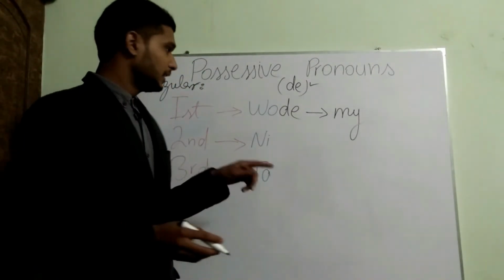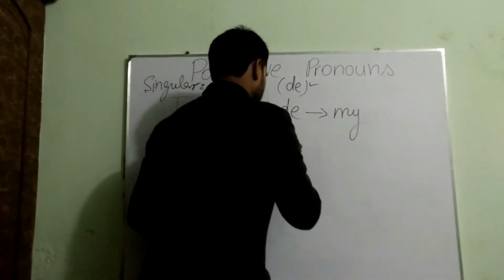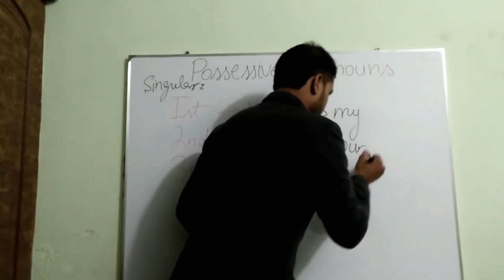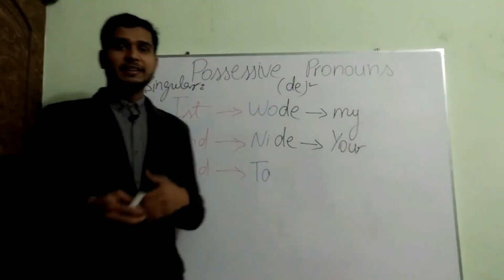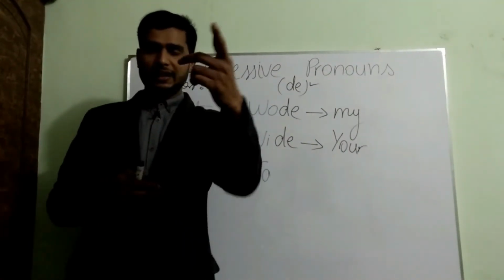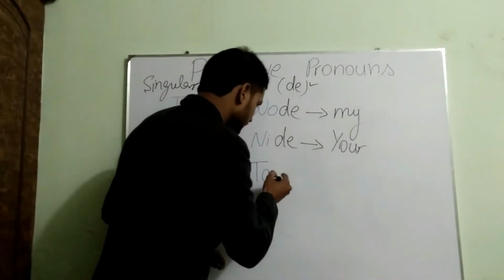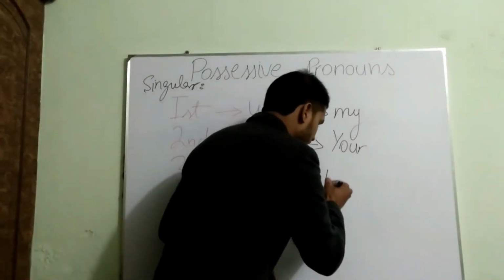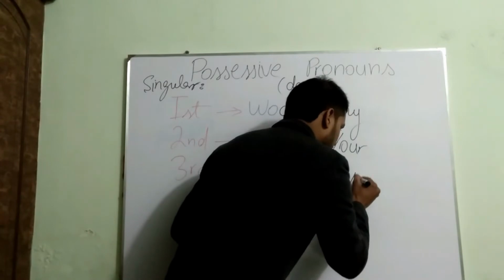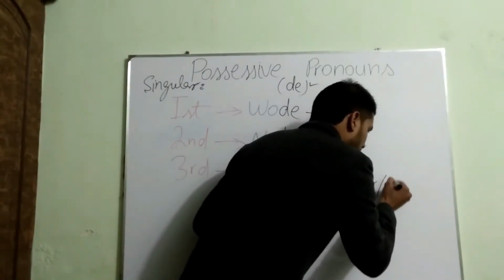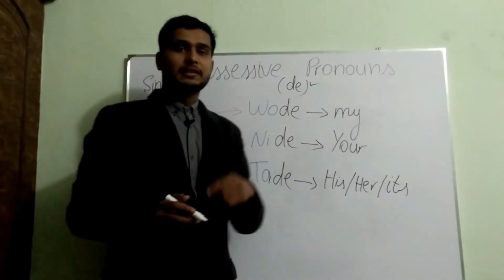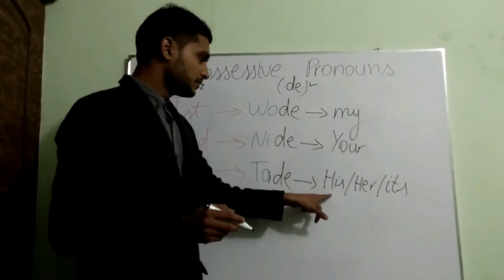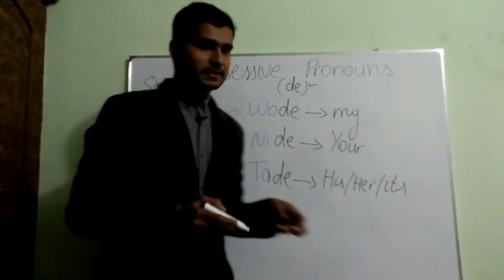If we put de after nǐ, it becomes your, singular, pronounced nǐ de. If we put de after tā, it becomes his, her and its, pronounced tā de.